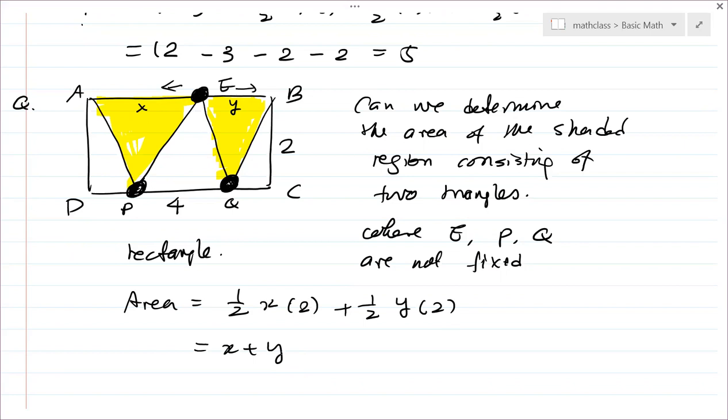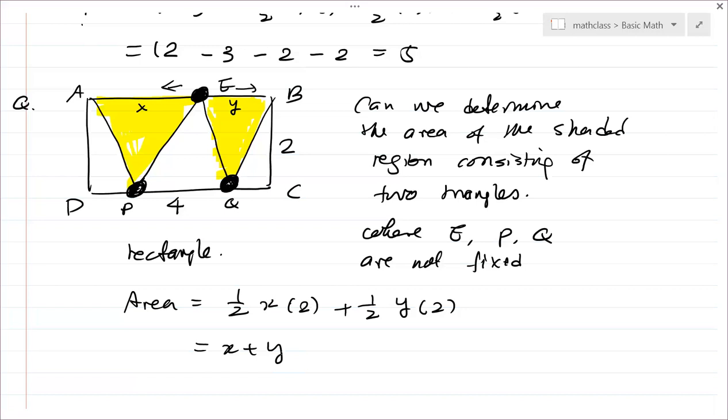Because X and Y are changing, right? X and Y change when the points P and Q change, but it does not show up in the area formula because the height is fixed. Height is always 2. So this formula is not sensitive to the location of the points P and Q.